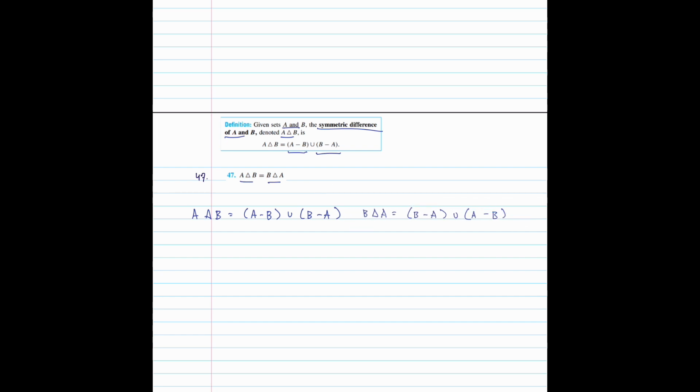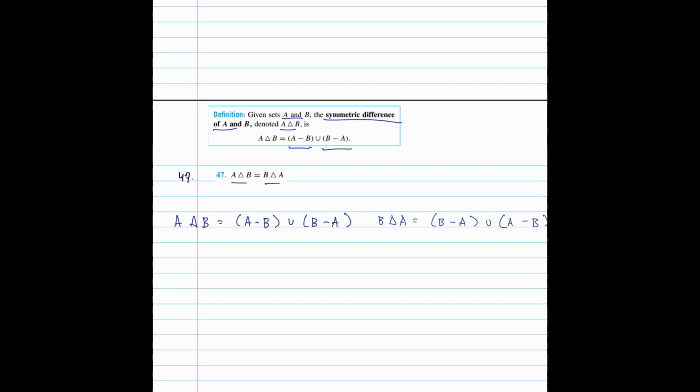Okay, so now we can just look at the elements and see if they're equal.